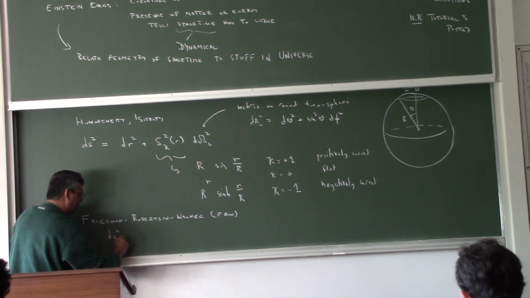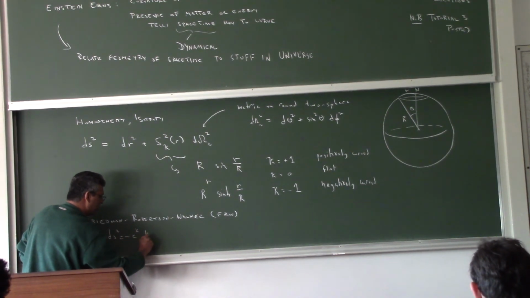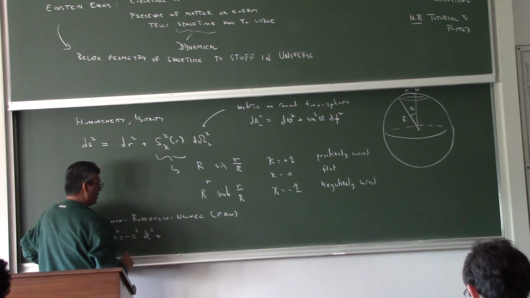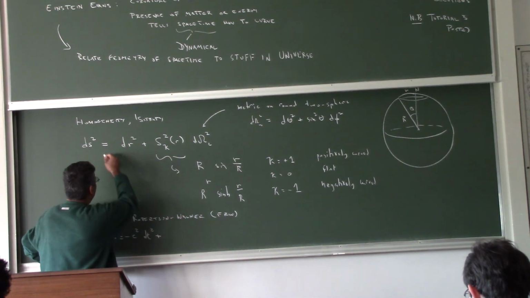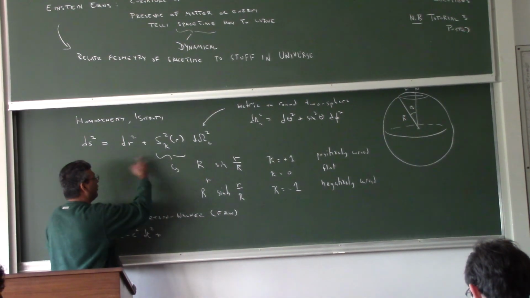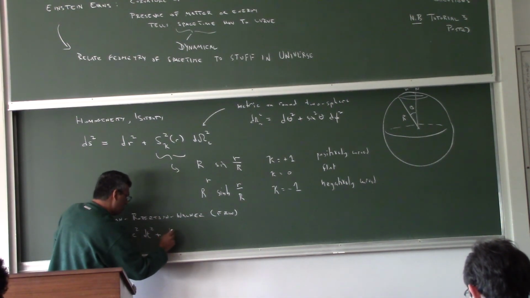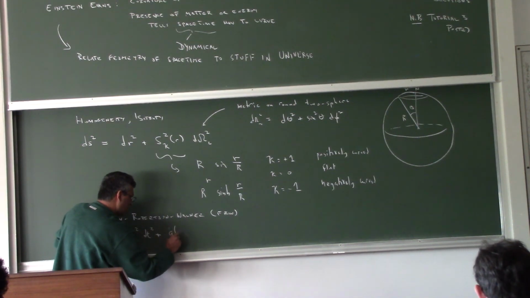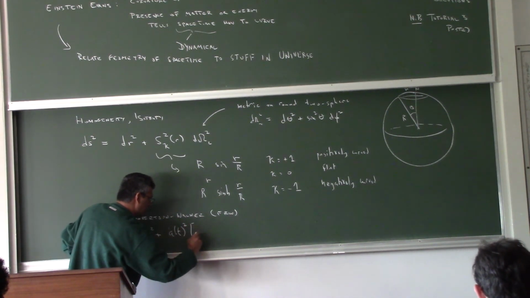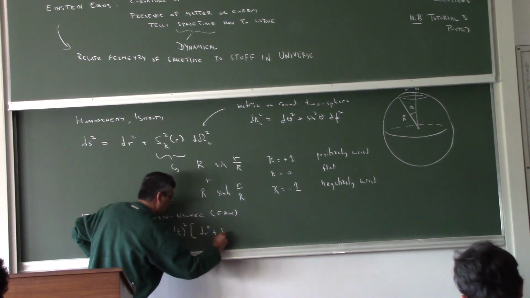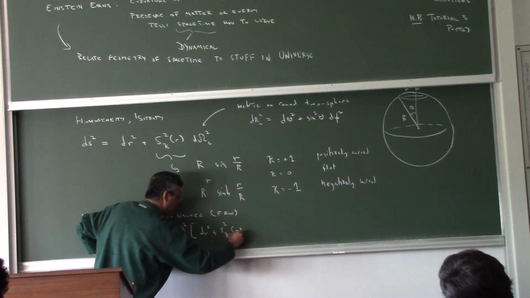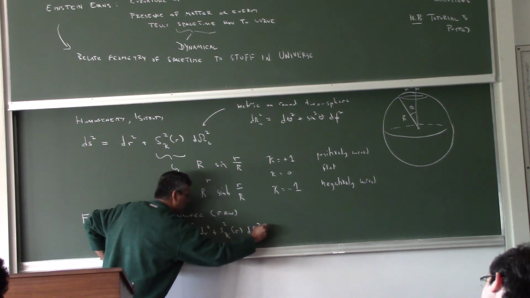And we have ds squared is minus c squared dt squared plus the spatial metric, a of t squared times dr squared plus s kappa squared of r d omega 2 squared.